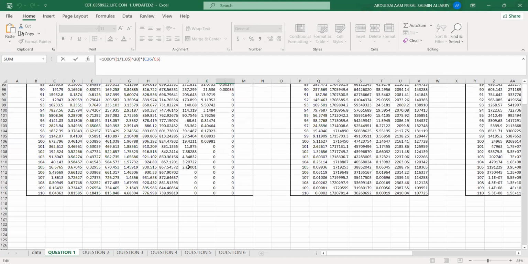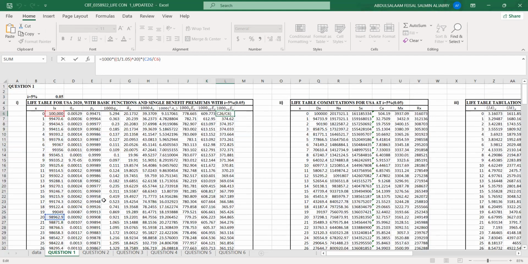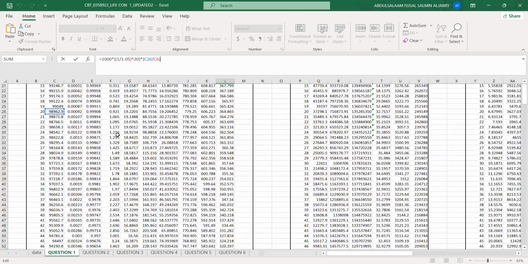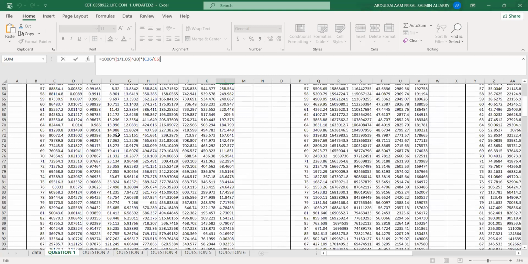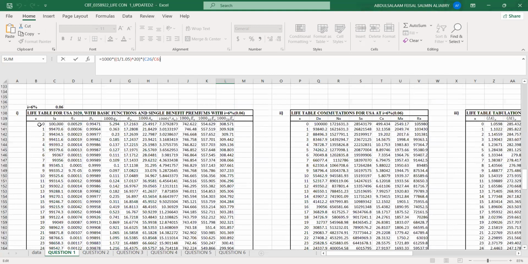And we have to do the same for I equals to 6%. This one below here. As you can see, basically everything is the same except for these formulas. Instead of 0.05, now the I changed to 0.06.